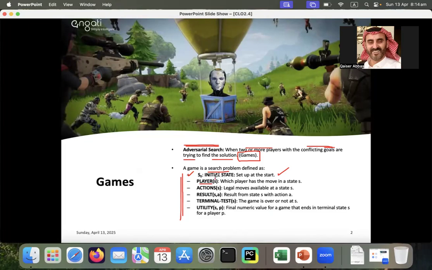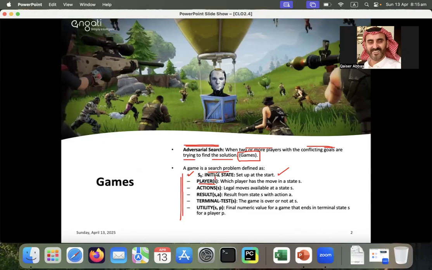Player(S) means the player that has the move. If you have 2 players, at one time one player is playing, and at another time the other player is playing, so they have turns. So Player(S) means which player has the move in state S.